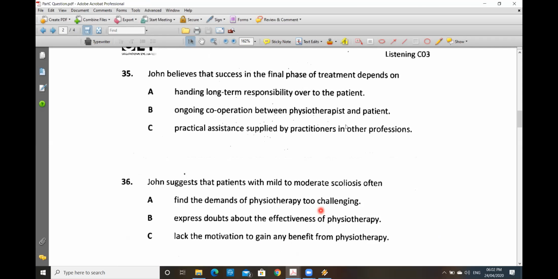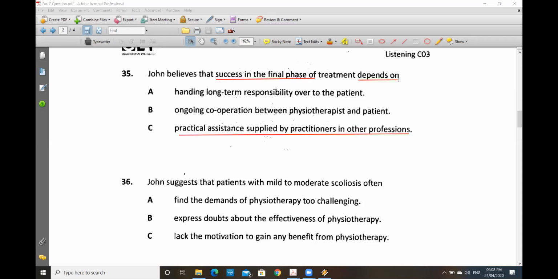So both the answer choices B and C can be excluded, because the other professions' assistance is optional, may be required. It's not something that the success depends on. The question is asking what the success of the final phase depends on.